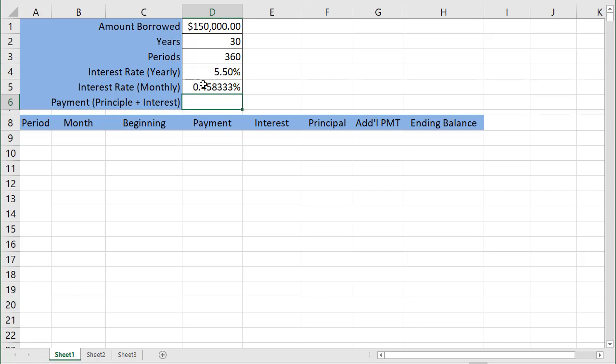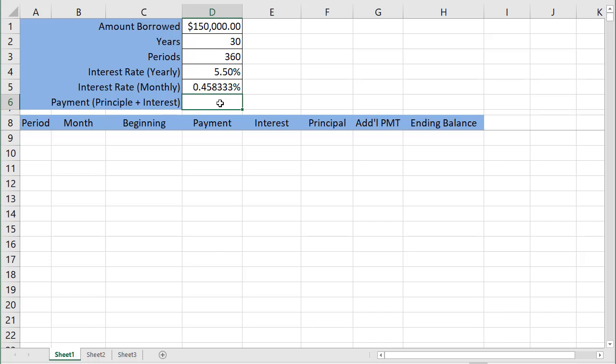So every month I'm being charged 0.458333% on the principal that's left. So just under 1/2 of 1% is what I'm paying in interest on the principal in any given month.